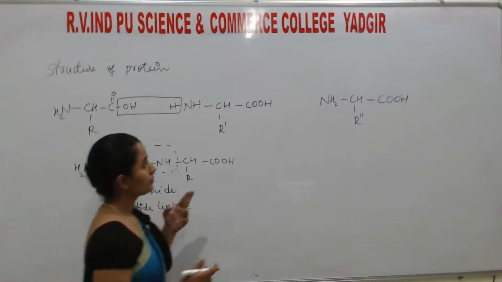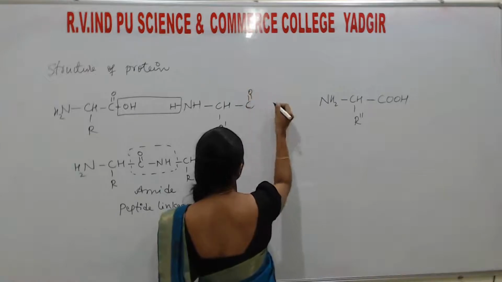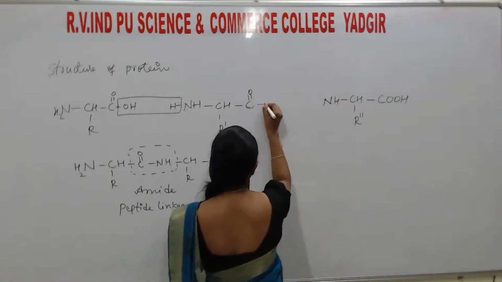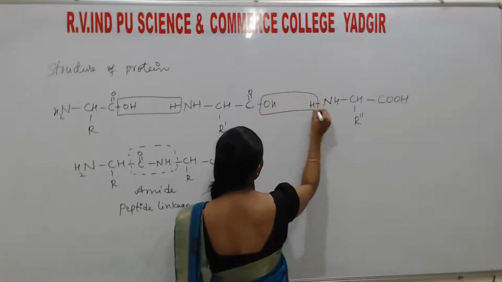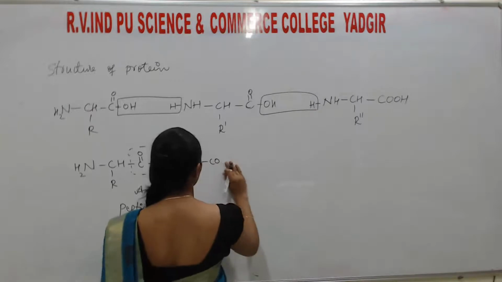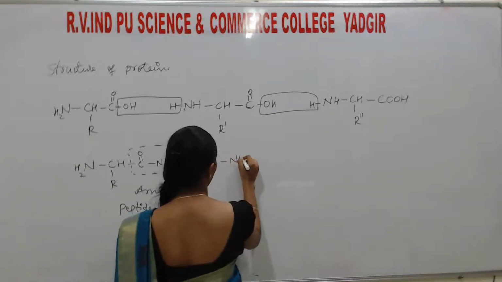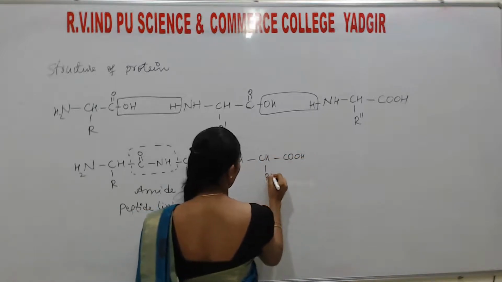If here also the same, C double bond O, NH, OH, H, a water molecule is removed. Here it continues like C double bond O, NH, CH, COOH, R double dash.